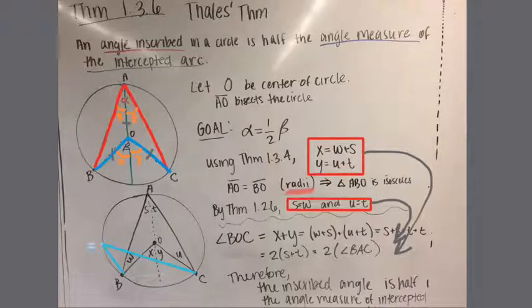Whoops. This would be A, then over there. And the result still holds, that Thales' theorem still guarantees that the measure of this angle here at A is half the measure of the intercepted arc, the central angle, measured here at O. So we didn't need ABC to be an isosceles triangle in order to make the rest of this proof work.